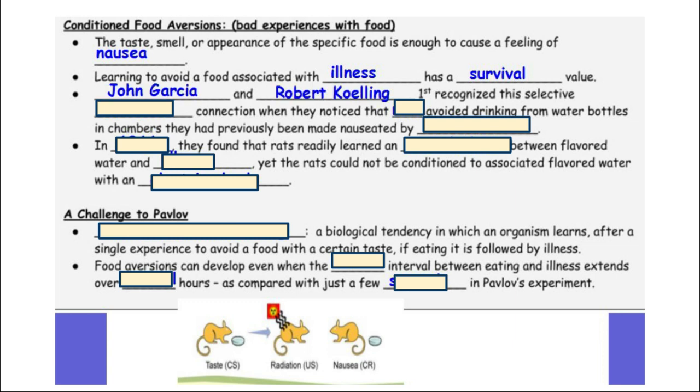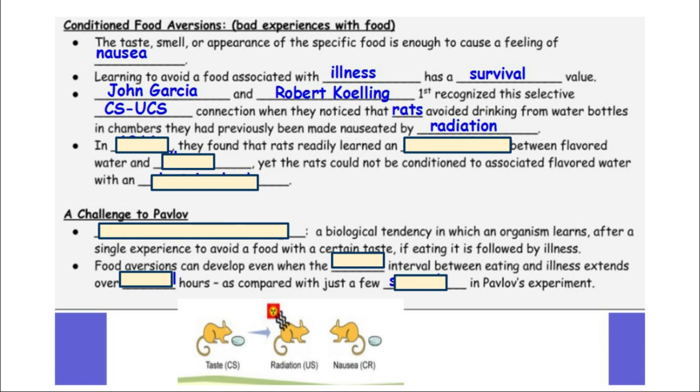John Garcia and Robert Koelling first recognized the selective conditioned stimulus / unconditioned stimulus connection when they noticed that rats avoided drinking water from bottles in chambers they had previously been made nauseated by radiation. And so if you take a look below, we've got our rat.